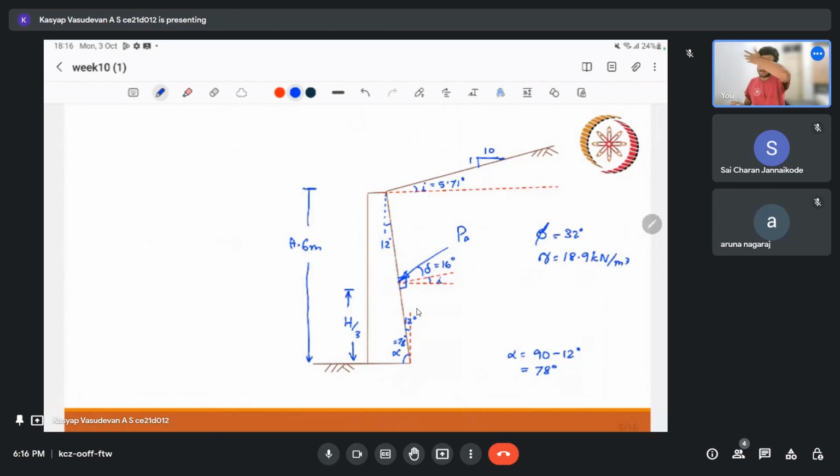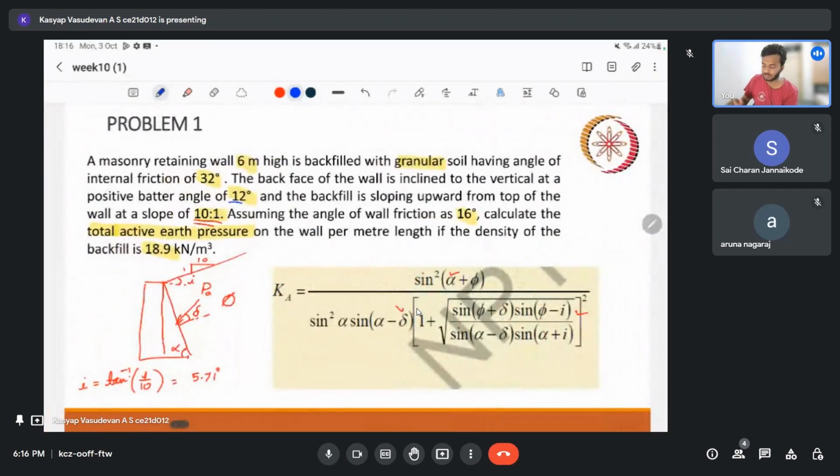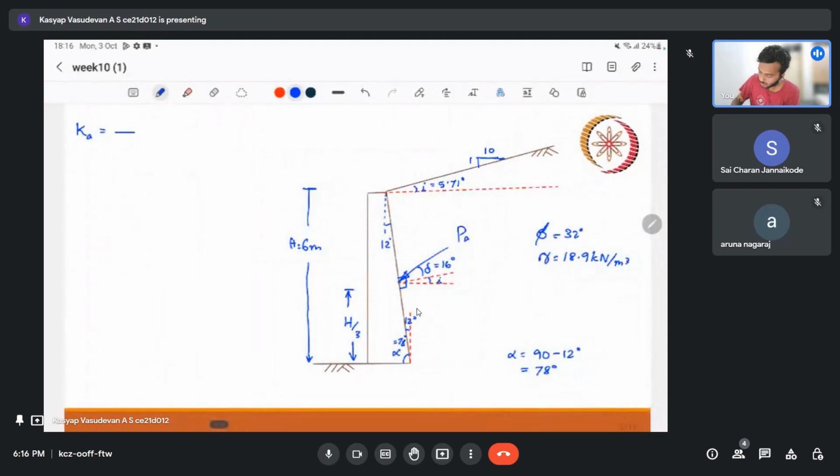So if I'm trying to find the Ka value, I'm writing the same formula by substituting the values. In the numerator I have sine square of alpha plus phi, so alpha is 78 plus phi is 32.